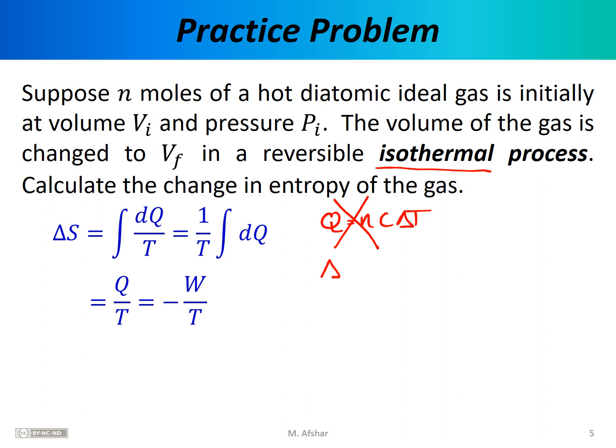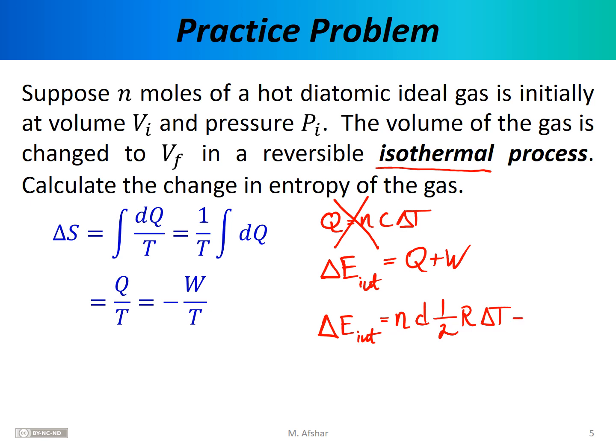What we need is the first law of thermodynamics, which tells us that the change in the internal energy is equal to Q plus W. We also know that according to the equipartition theorem, delta E internal is equal to the number of moles times the number of degrees of freedom times 1/2 R delta T. Since this is an isothermal process, delta T is equal to 0, which means this is equal to 0.